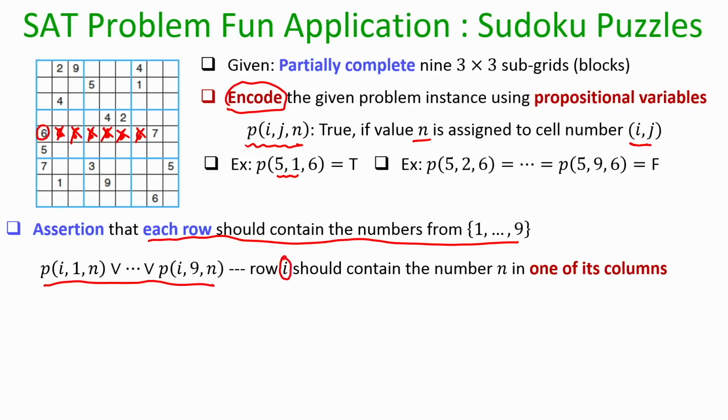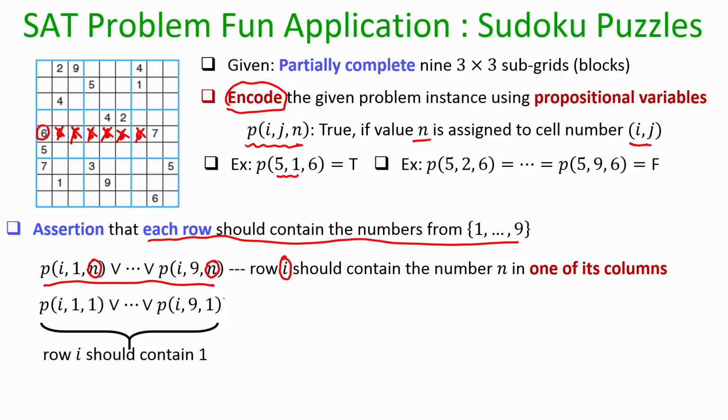So, my claim here is that the disjunction of these 9 variables represents the condition that my row number i should contain the number n in one of its columns, right. So, remember, I would like the number n to be either available in the first column of the ith row, or in the second column of the ith row, or in the 9th column of the ith row. How do I express this condition? By this compound expression.